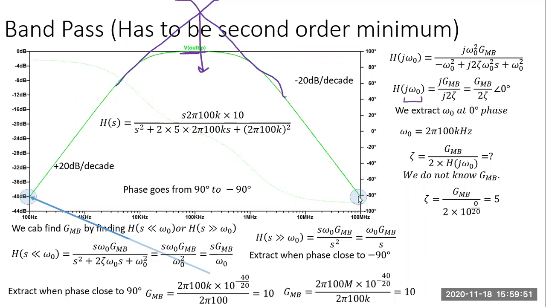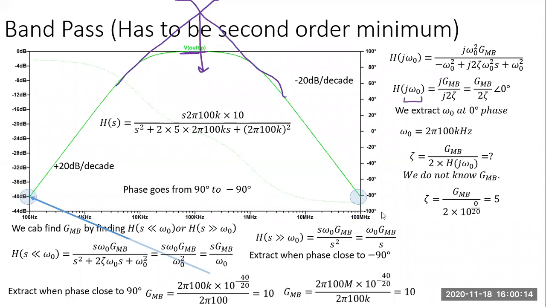You take whatever the magnitude is at that spot and set it equal to omega naught divided by that. And so you get gain midband 10. And then you can come back here and calculate your damping coefficient. All right. So it's a little bit trickier.